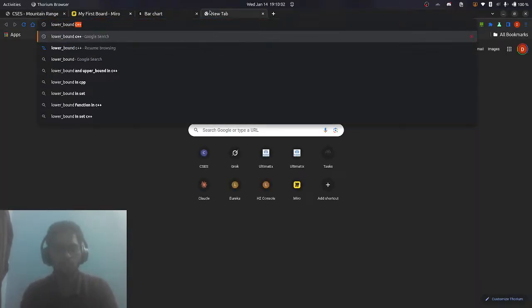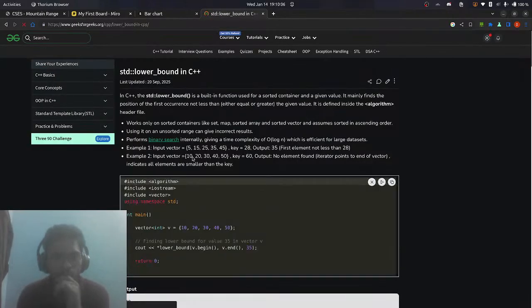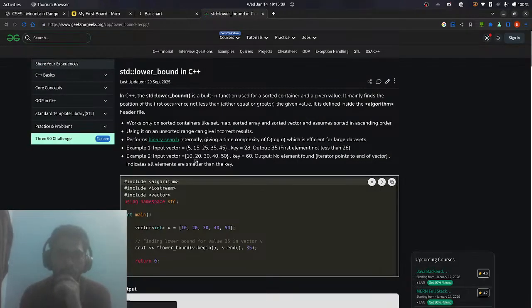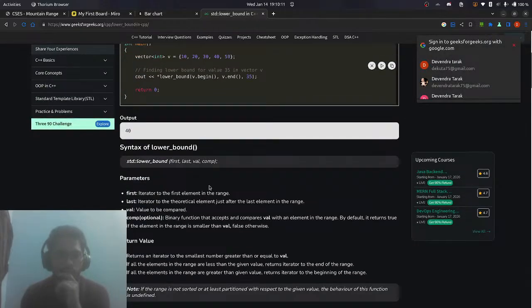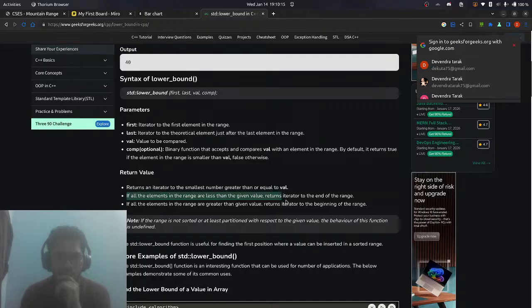Lower bound CPP. If it could not find anything, beginning of the range.